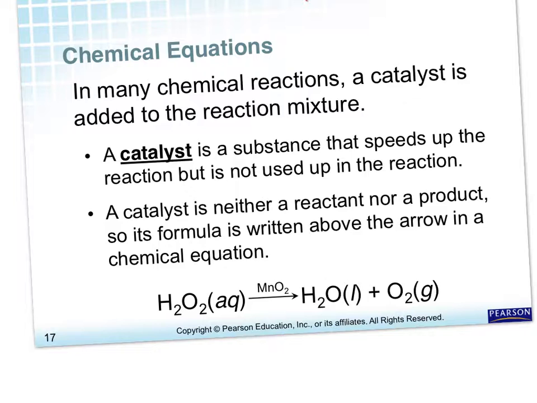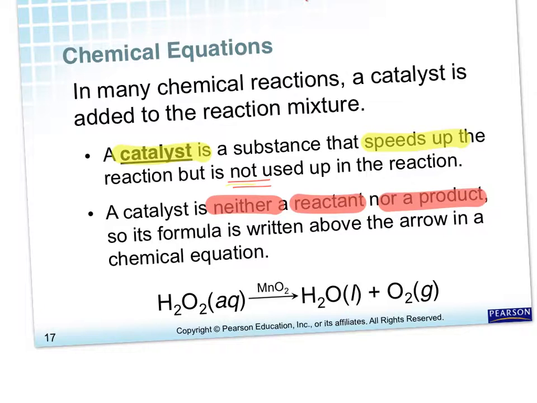Oftentimes in a chemical reaction, a catalyst is added to the reaction. A catalyst is something that will speed up the reaction, but it is not used up in the reaction. So a catalyst is neither a reactant nor a product, so we don't write its formula in the same way.